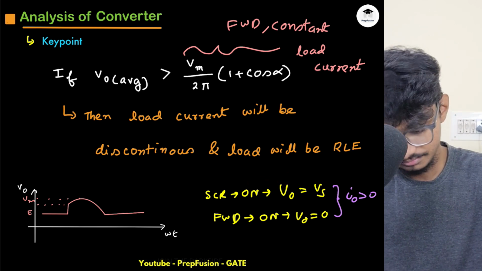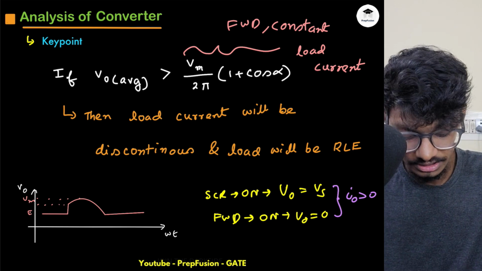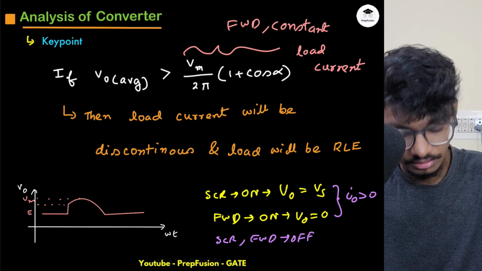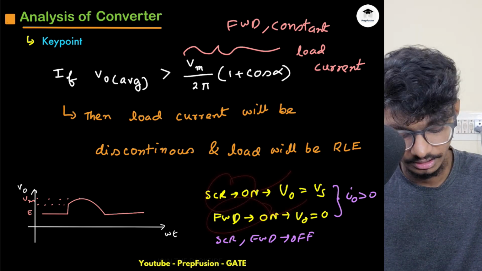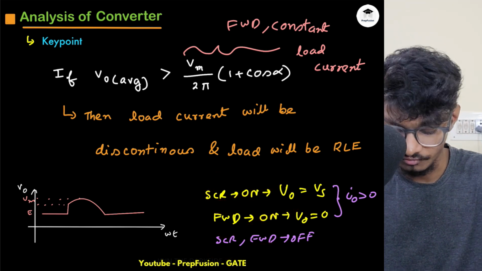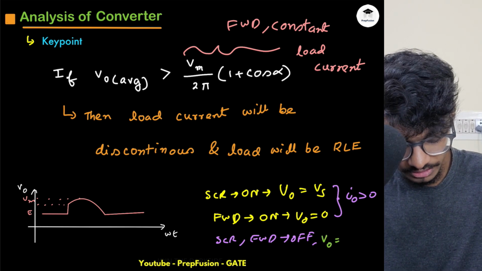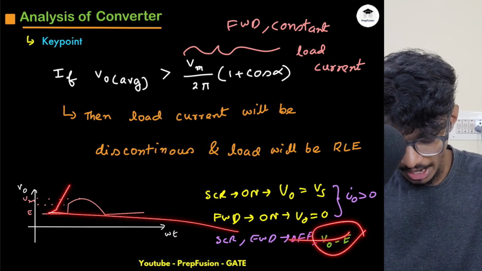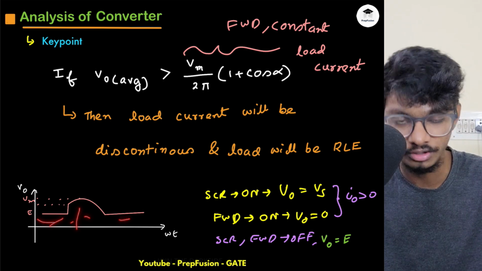Next, what can I say? If both SCR and freewheeling diode are off, then my output voltage is VO equals E, and only then is it possible that the average output voltage increases, because E is some positive value and it will only increase the area.